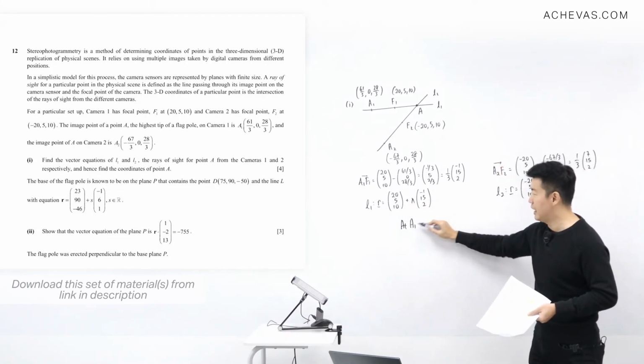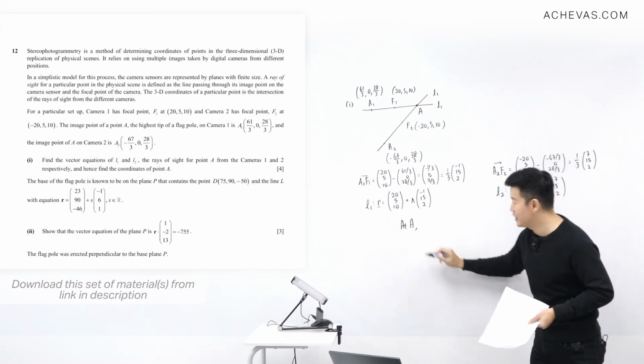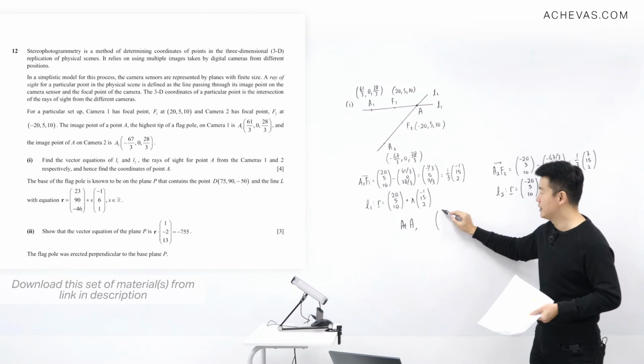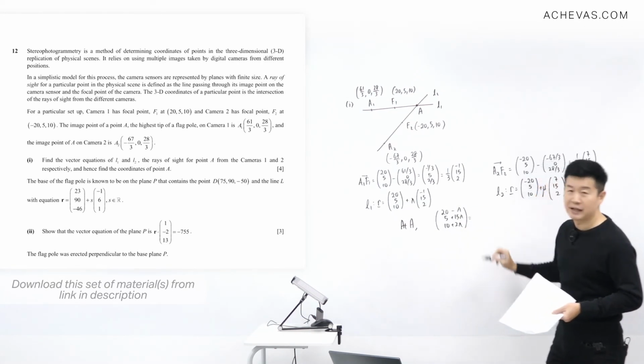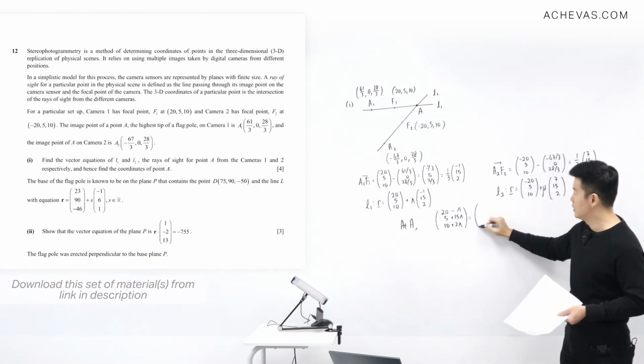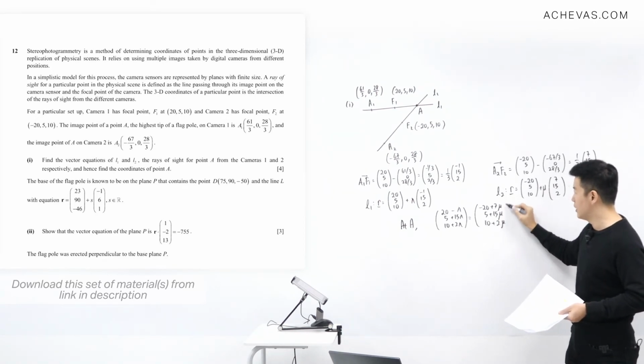So at point A, I'm going to let (20 minus lambda, 5 plus 15 lambda, and 10 plus 2 lambda) be equal to (minus 20 plus 7 mu, 5 plus 15 mu, and 10 plus 2 mu).